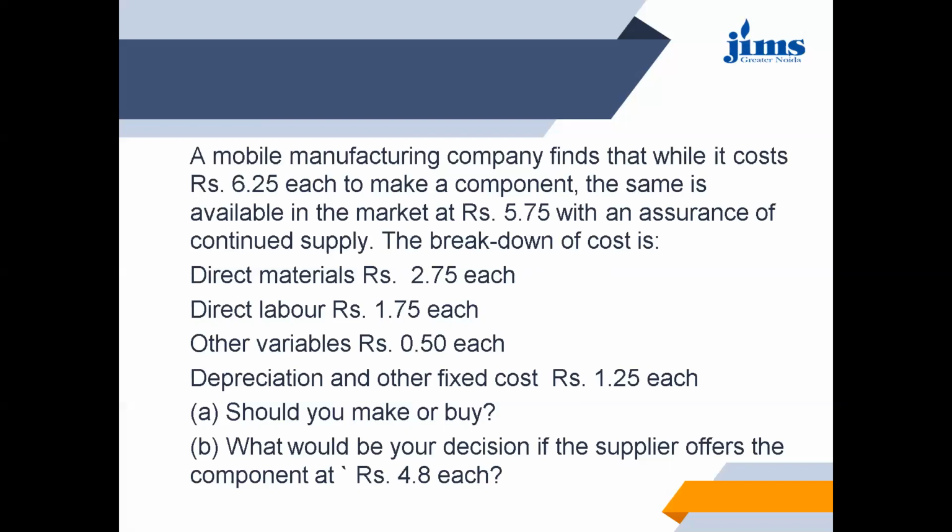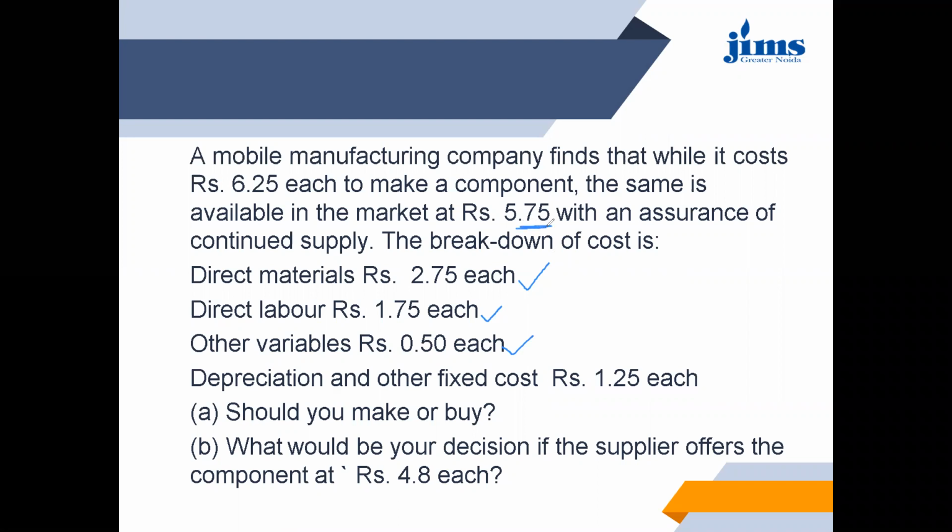So if we see the variable cost of this particular product, that is direct material, which is 2.75, direct labor 1.75, and other variable expense, which is 0.5. By adding these three components, we get marginal cost of rupees 5. So the marginal cost for this component is 5 rupees, while this is available in the market at 5.75.